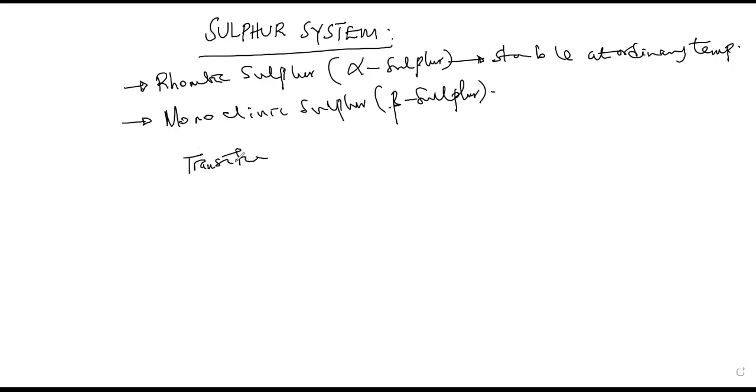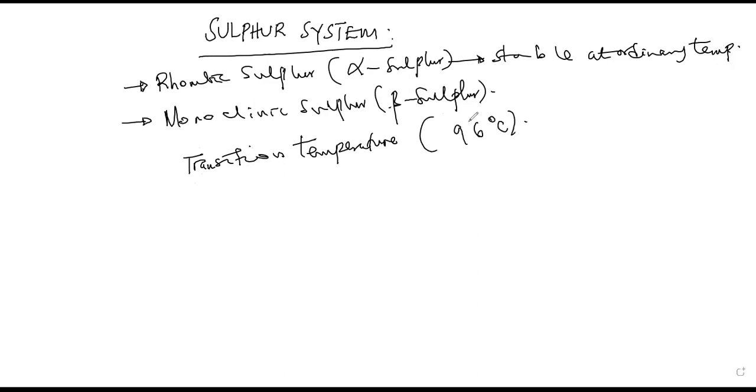So the transition temperature refers to that temperature at which the two allotropes of sulfur are in equilibrium, and that temperature is 96 degrees Celsius.